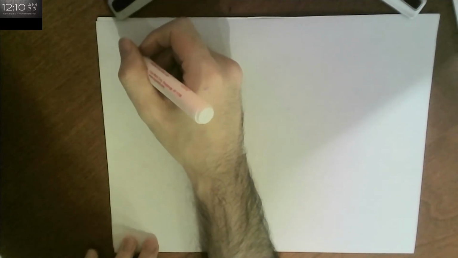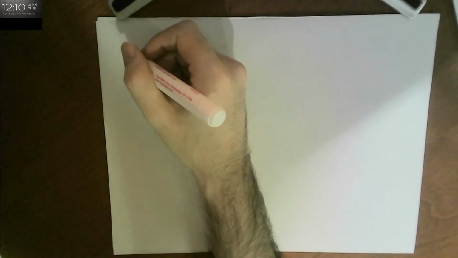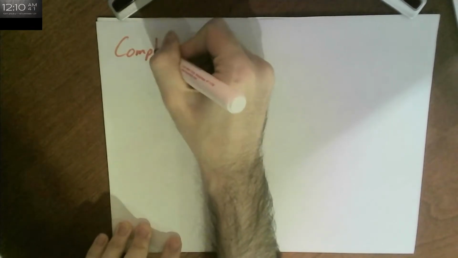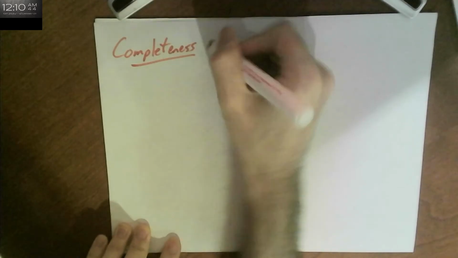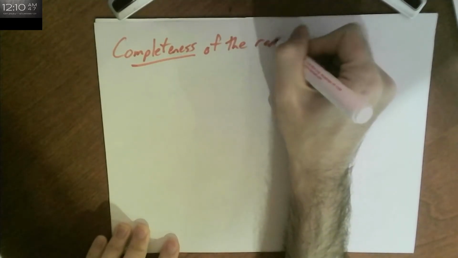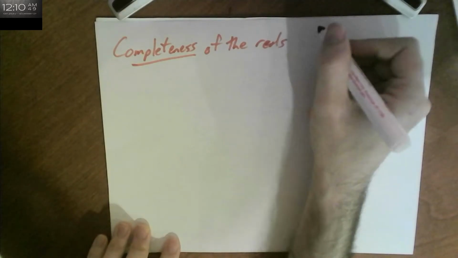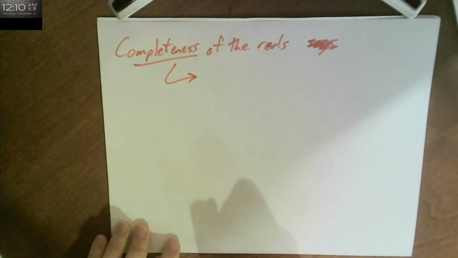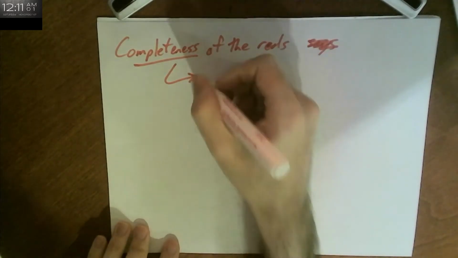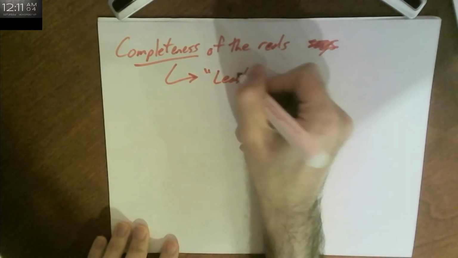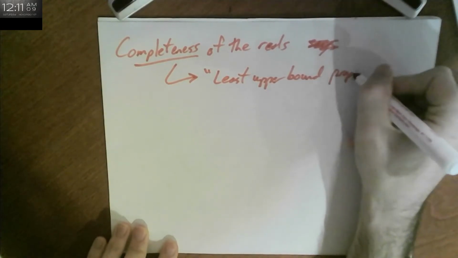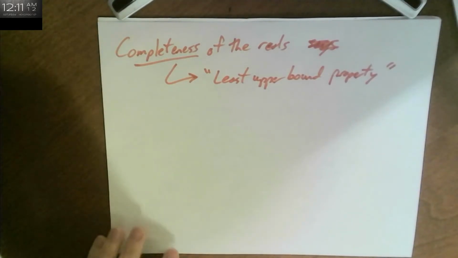One last thing, and then a big important theorem. The completeness of the reals, as in the real numbers, implies, leads to the least upper bound property.